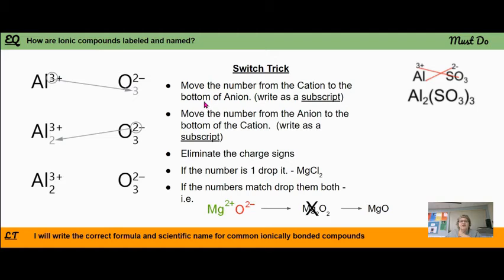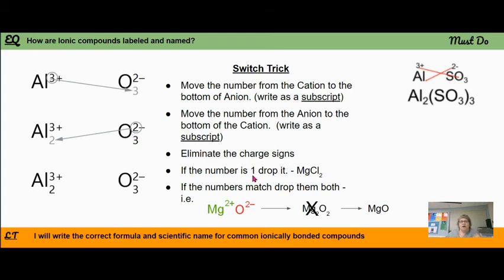If I then take the number from the cation, so the number from the aluminum, and transfer it down to the oxygen and write it as a subscript, then I can take the 2 from the oxygen and transfer it to the aluminum, okay? And so basically we're just switching the numbers. That's why we call it a switch trick. Then we eliminate the charges in the ions, okay?